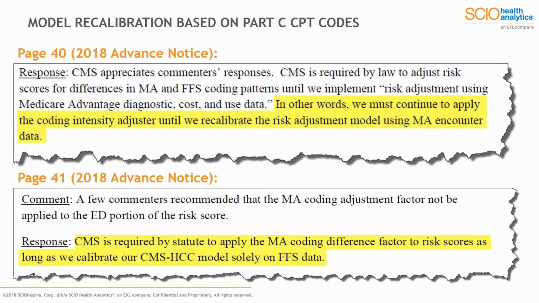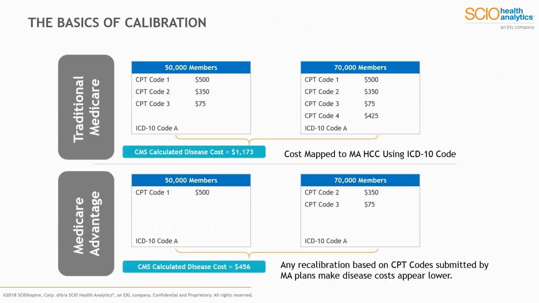Now, if we move forward here, we are looking at the basics of calibration. This is a slide that we have used in the past, and it's extremely oversimplified, but it shows how the cost could vary between fee-for-service and MAO for the same condition, purely based on the CPT submitted. Costs as calculated by CMS are always based on fee-for-service pricing methodology, in other words, on CPT codes.